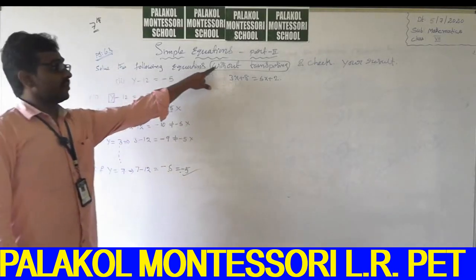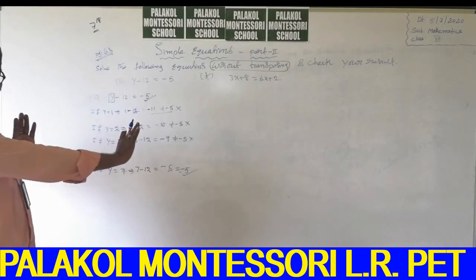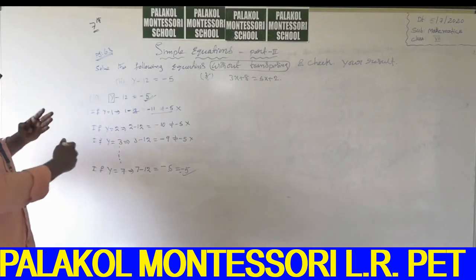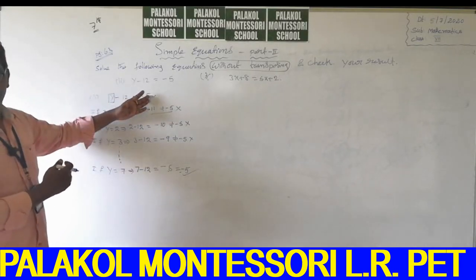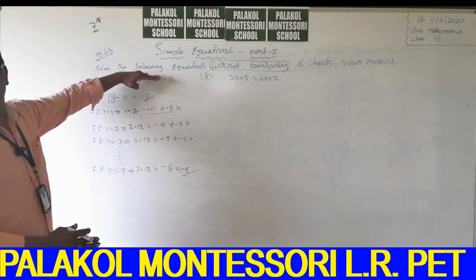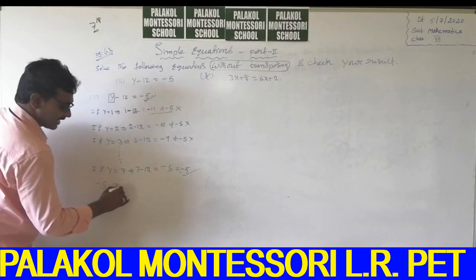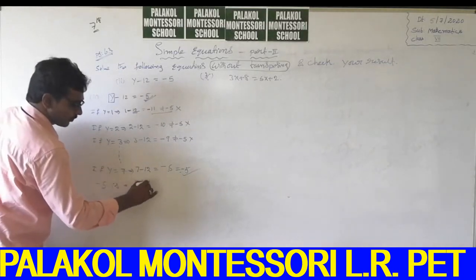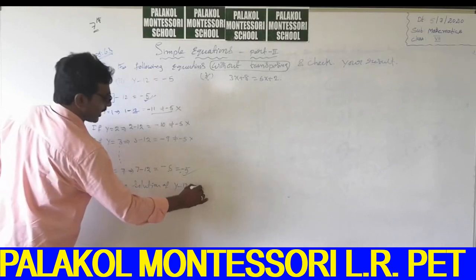So in the equation without transposing, no term is transposed to the other side, you just use the trial and error method. Whichever value satisfies the equation, making the LHS equal to the RHS, that is called the solution of this equation. Here 7 is the solution of y minus 12 is equal to minus 5.